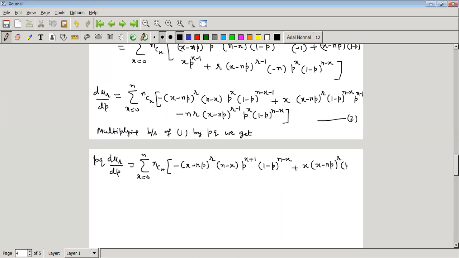Here 1 minus p, so it becomes (1 minus p) to power n minus x plus 1, into p to power x minus 1, so it becomes p to power x. So this is the second term, and the third term is minus nr (x minus np) to power r minus 1, p to power x plus 1 and (1 minus p) to power n minus x plus 1.